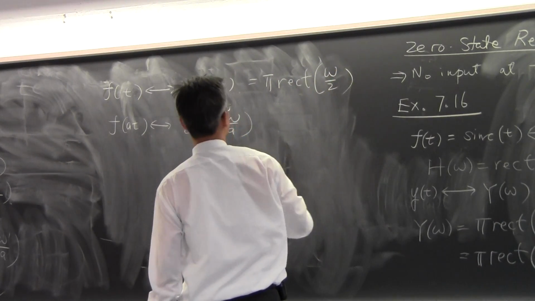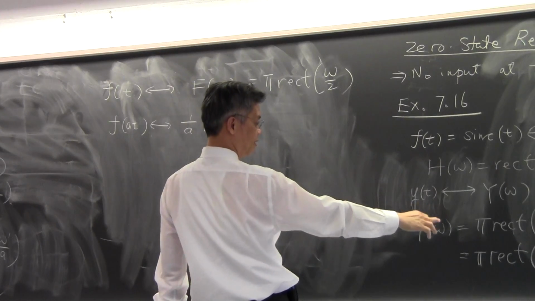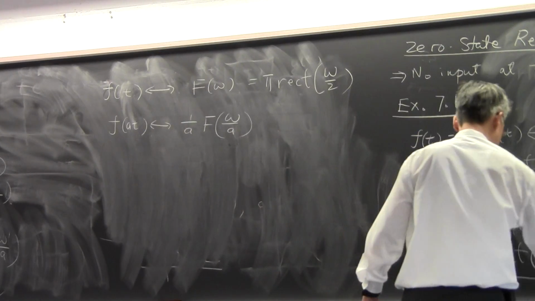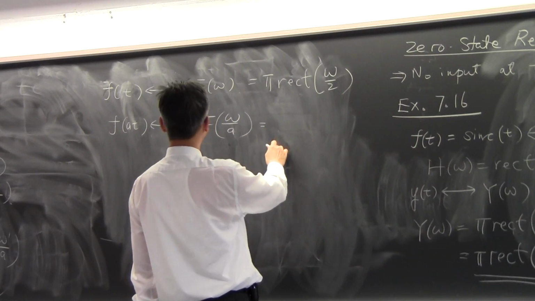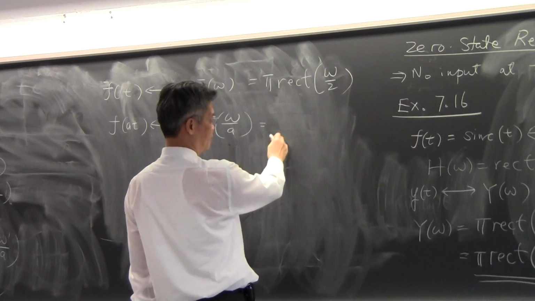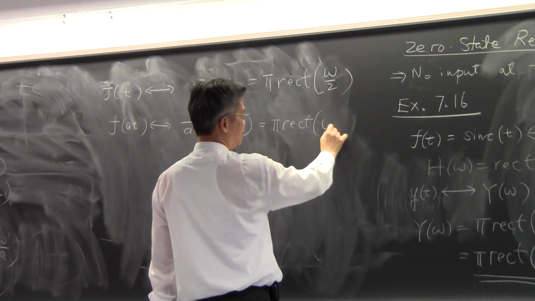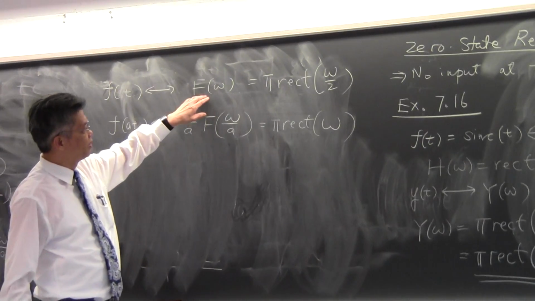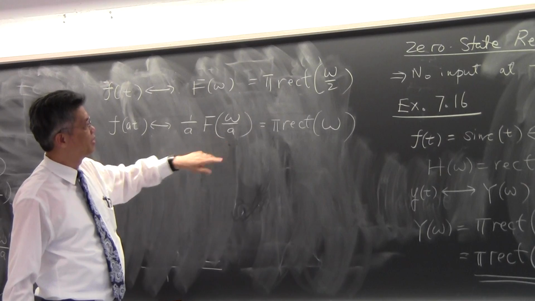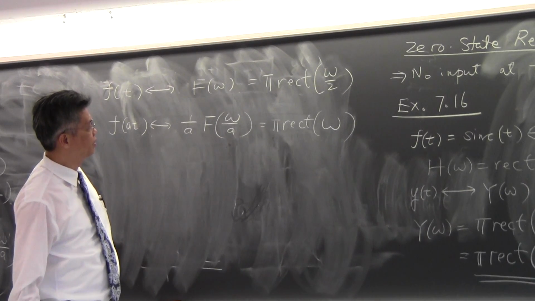So if you apply this scaling law to this thing, F of omega is pi rect of omega over 2. And I want to make this look like pi rect of omega. If I started out with that, I should have a equal to 2, right?